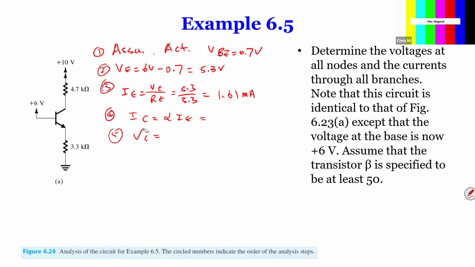So now we calculate VC is 10 minus RC times IC. It's going to be 10 minus IC. How much is IC? 1.59 times 4.7. You calculate how much this one is? 2.5.